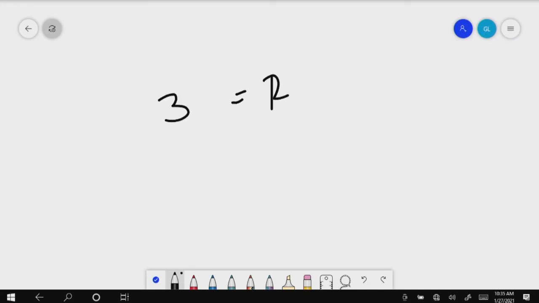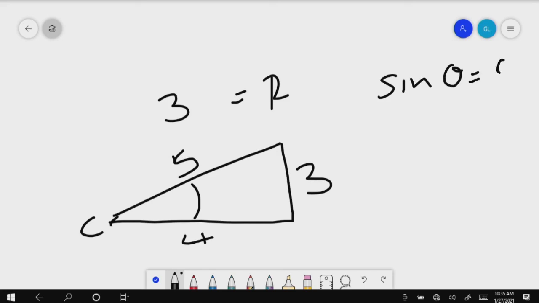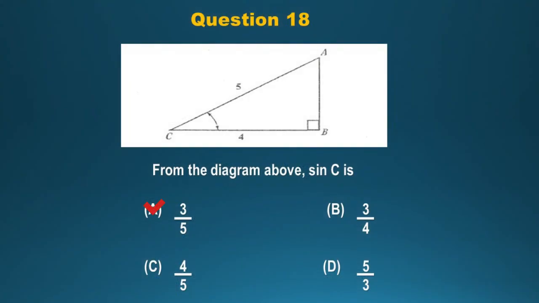Now, we have all the sides of the triangle, with the side opposite C known. And in applying the trigonometric ratio sine theta, which is what they're asking us for, opposite upon the hypotenuse, the sine ratio of this triangle would have been 3/5. Hence, our solution there would have been A.